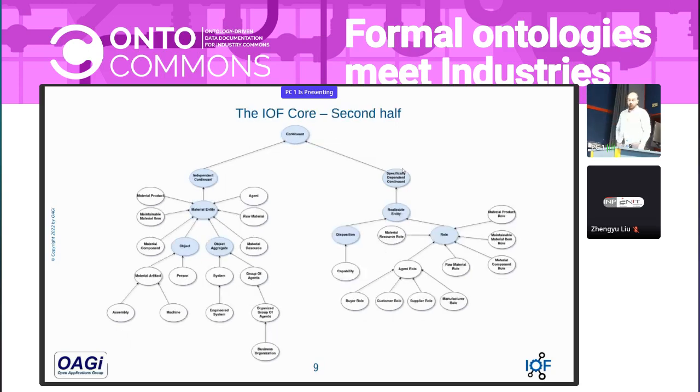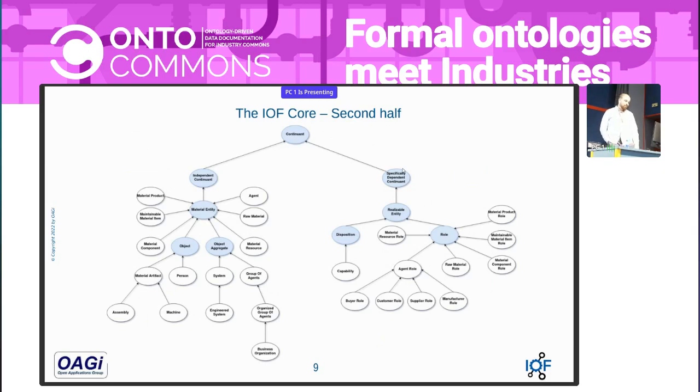As for the material entity branch and the SDC branch, we defined a lot of classes that are connected to the actual life cycle of various entities, as well as extended object and object aggregate to material, artifact, person, system, and group of agents. While we also did a lot of work to introduce new roles to adequately model the industrial domain.